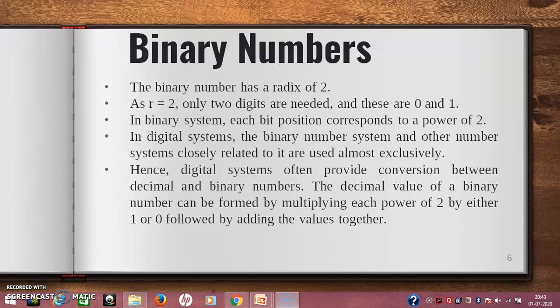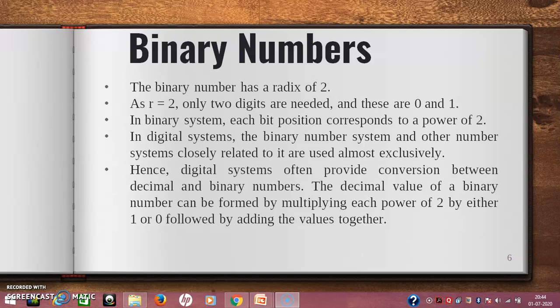In binary system, each bit position corresponds to a power of 2. In digital systems, the binary number system and other number systems closely related to it are used almost everywhere. So, the digital systems often provide conversion between decimal and binary numbers.